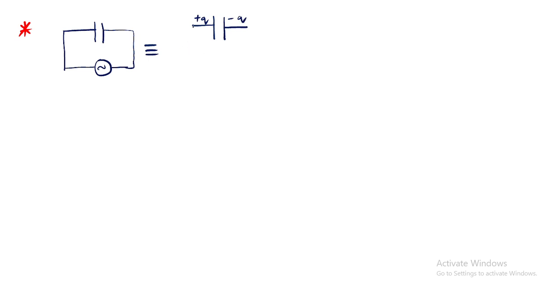Now you are connecting one of the inductors like this. After some time, whenever you connect the inductor, the charge inside the capacitor, which is electrical energy, converts into magnetic energy.